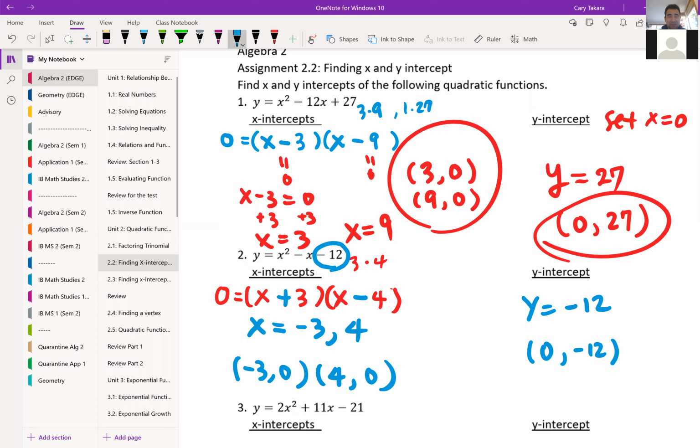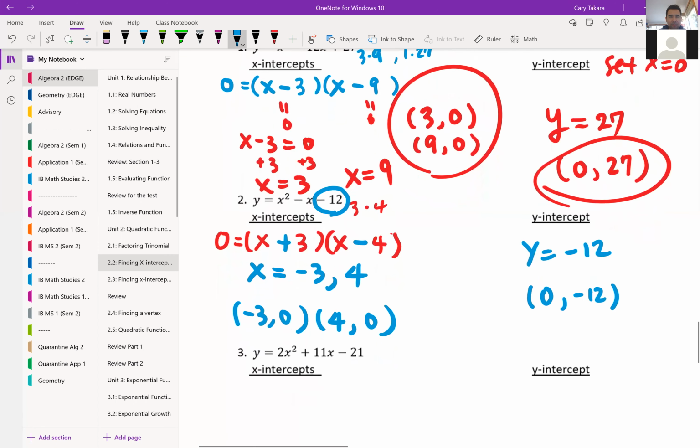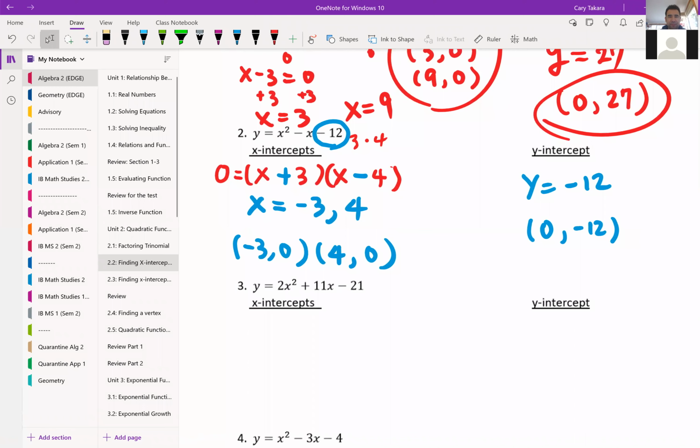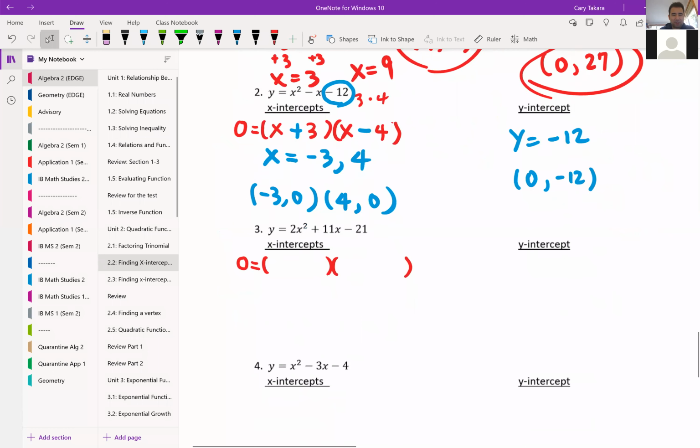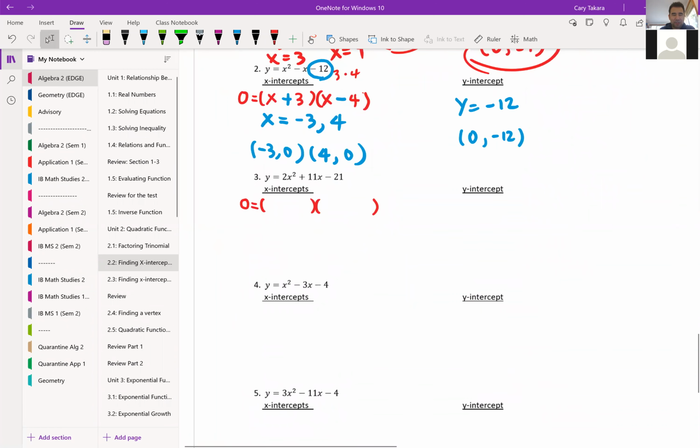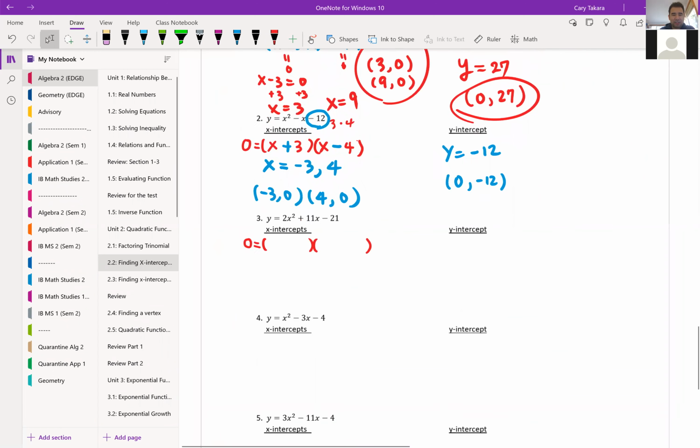How did you guys do? Okay, number 3. It's a little more challenging factoring. So I'll let you work on that first, okay? Keep going, guys. You don't have to wait for me. There are only 5 problems. Yeah, only 5.